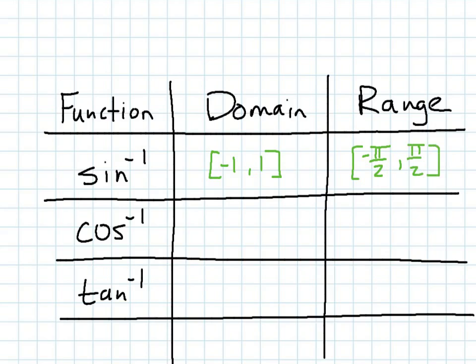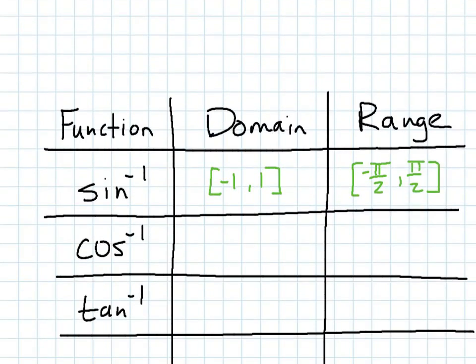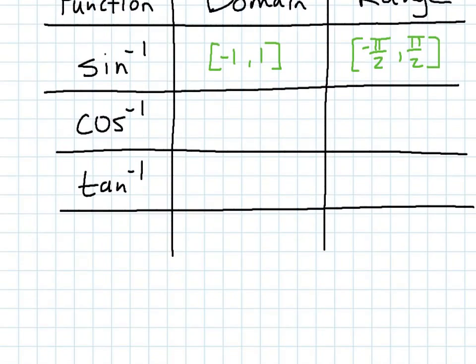Okay? Cosine, alright, let's do tangent while we're here. Now tangent's the same way, except the domain, because you're dividing y over x, those ratios are infinite.